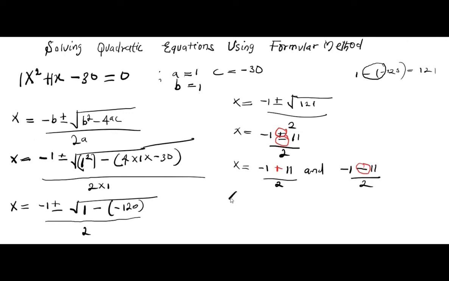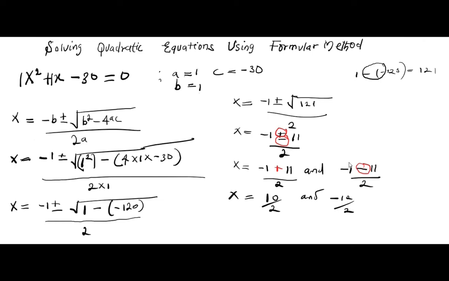So your x equals to -1 plus 11 is 10. You have your 10 over 2, and -1 minus 11 is -12 over 2. Here you are adding two negative numbers.